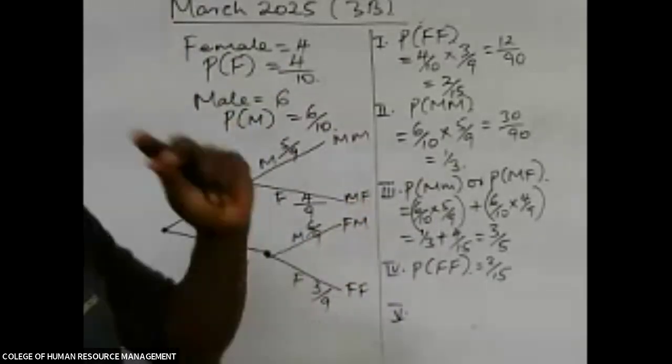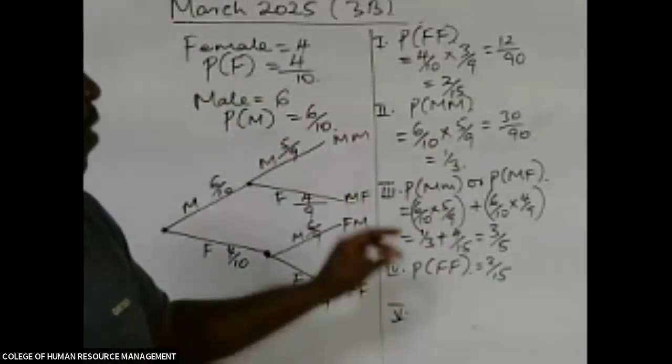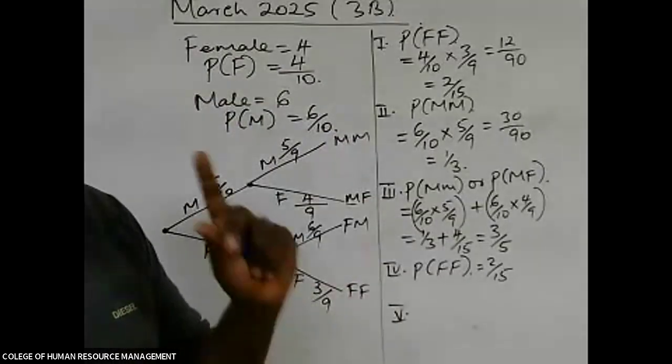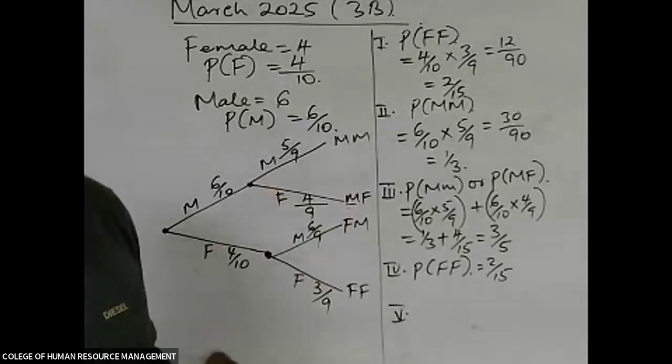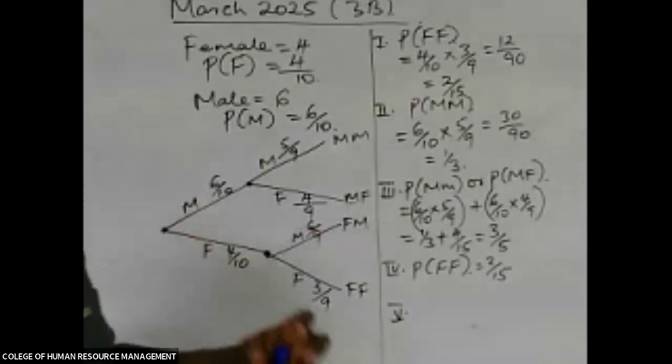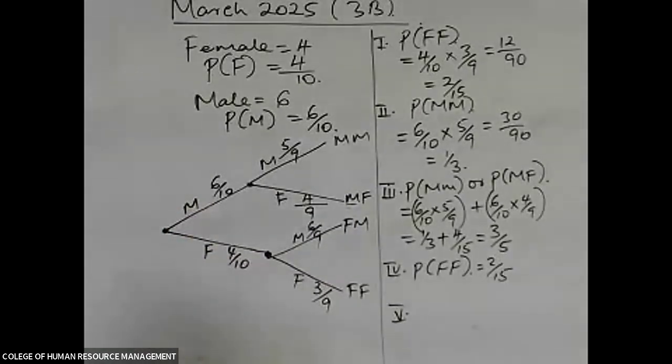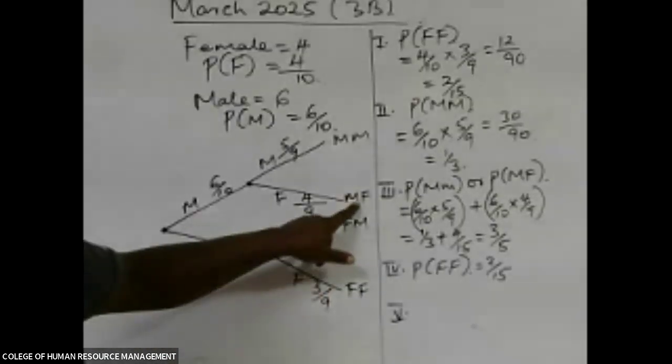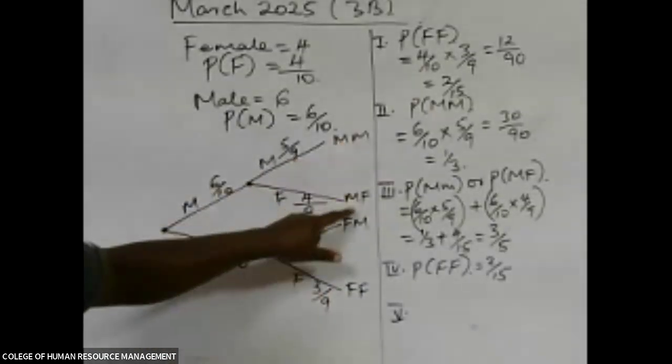Male, female: there is one male there. Female, male: there is one male there. As long as a male is appearing in that combination, that one is a favorable event. So it is either this or this or this.